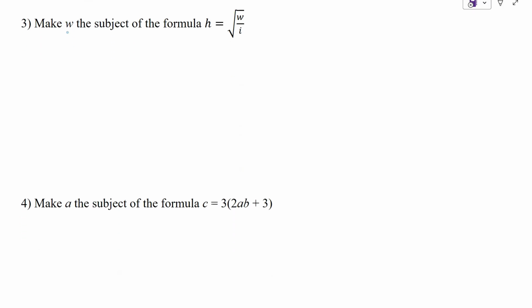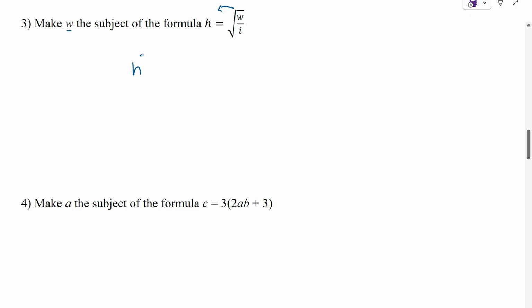For this third question, we need to make w the subject of this formula. As we said before, let's try and make it linear, and get rid of everything extra that we have here. We've got a square root sign, so we're square rooting on this side. If we take it over, the opposite of square rooting is squaring.